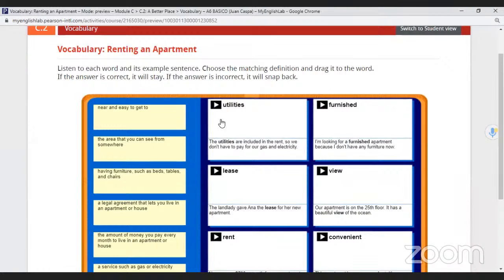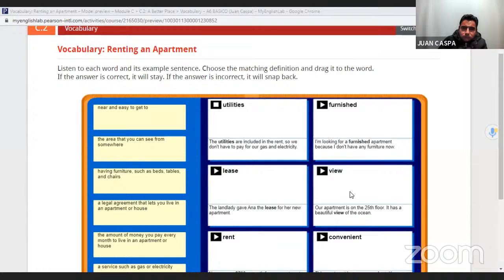Okay, utilities, right? Especially when we talk about this, the utilities are included in the rent, so we don't have to pay for our gas and electricity. Utilities are like services, right? We say here services, but utilities are gas, electricity.